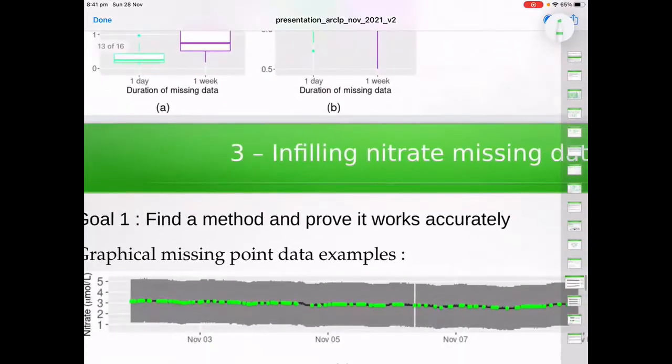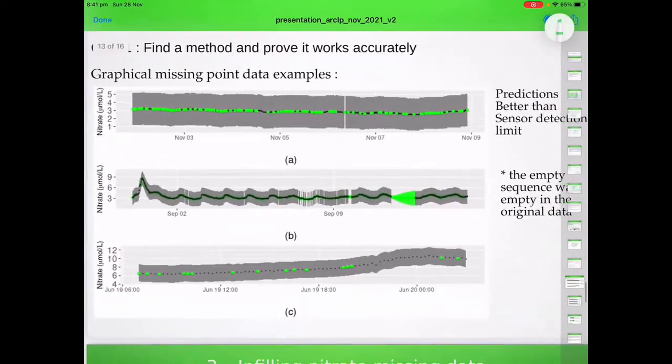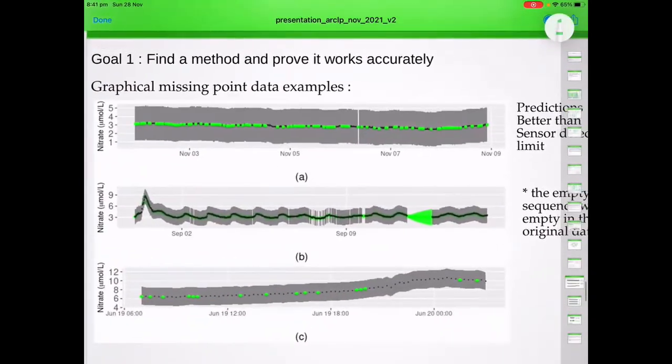To be more clear, some pictures, it's always nice to have some pictures. The green points are the predicted data, and the black are the original data.